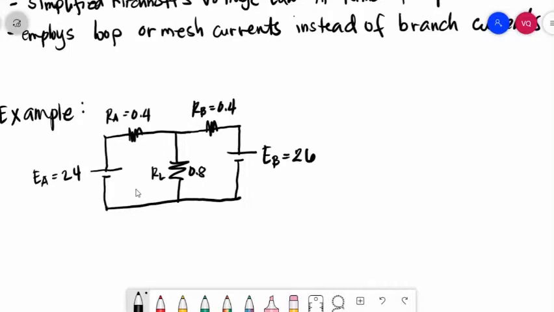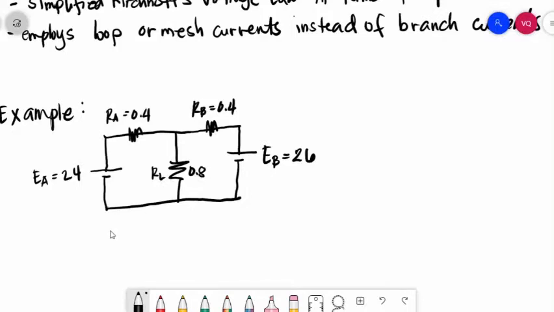We have batteries EA and EB, 26 volts and 24 volts. The internal resistance of the 24-volt battery is 0.4 ohm. Also, battery B has an internal resistance of 0.4 ohm. And our load here has a resistance of 0.8 ohms.